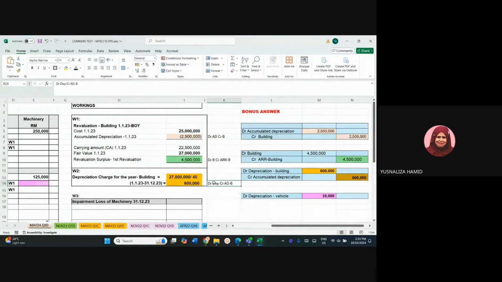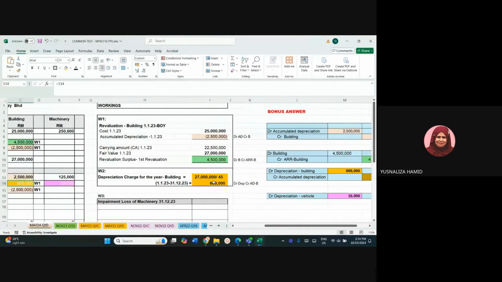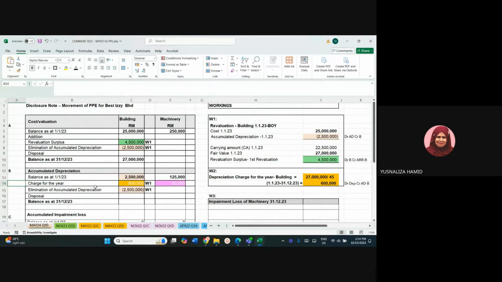Therefore, this one must be included because debit depreciation is in the SOPL, but credit accumulated depreciation will be where? It will be in the notes to the PPE, which is this 600,000 here comes from here, from this cell I14.